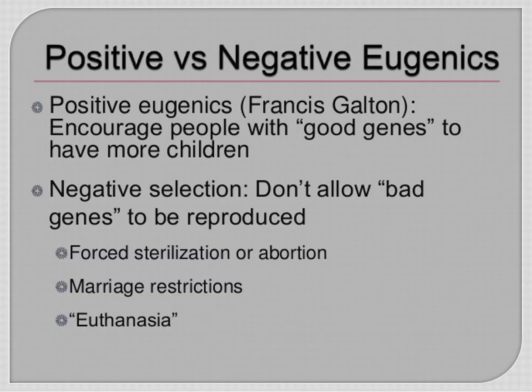So Galton distinguished between two types of eugenics. He said there was positive versus negative eugenics, right? He said positive eugenics was encouraging people with quote-unquote good genes to have more children, and negative eugenics, or negative selection, which is not allowing bad genes to be reproduced. And this can be done using forced sterilization or abortions, marriage restrictions, as well as euthanasia.